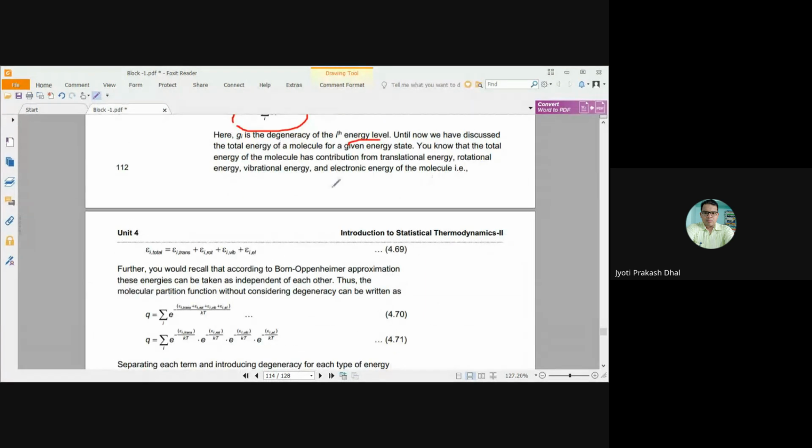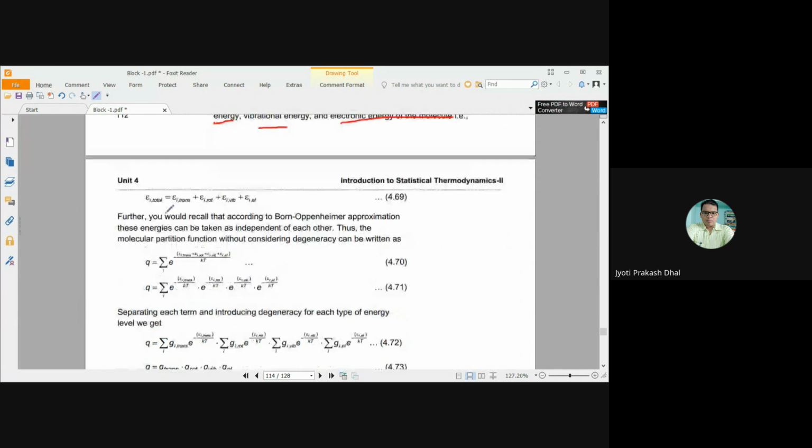And we know that the total energy of the molecule has contributions from the translational energy. This is called the Born-Oppenheimer approximation that we have studied at the graduation level. The total energy of the molecule has contributions from the translational, rotational, vibrational, and electronic energy of the molecule.